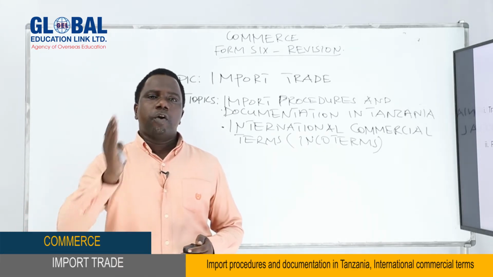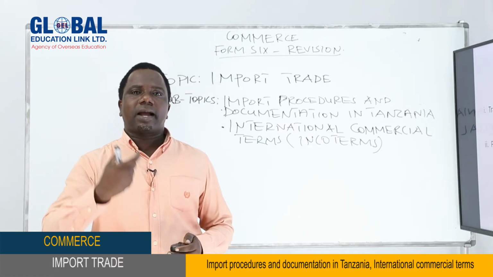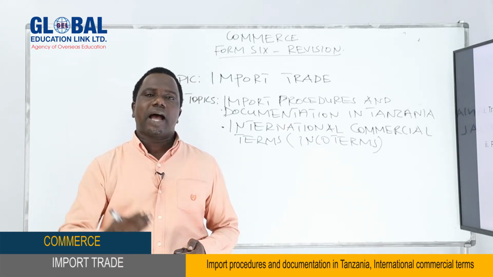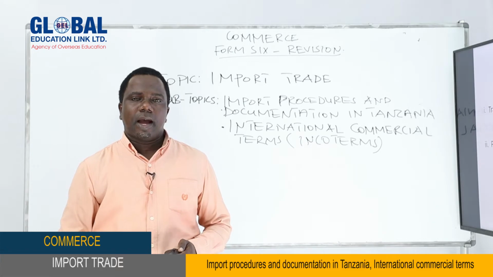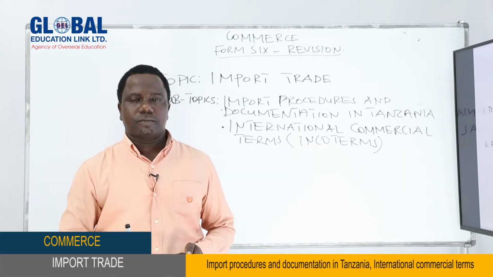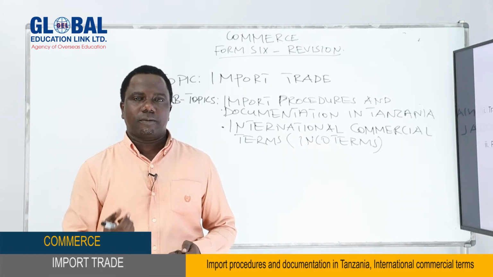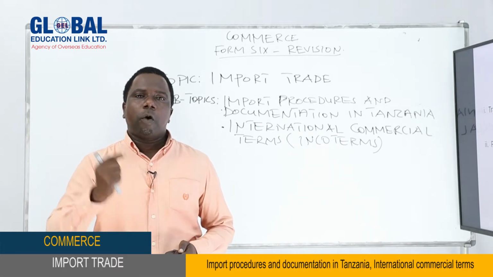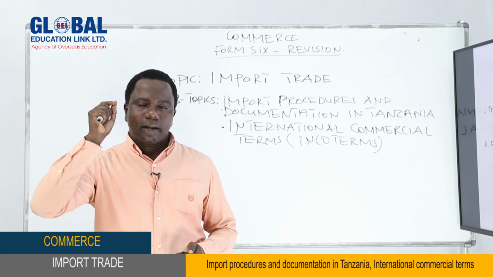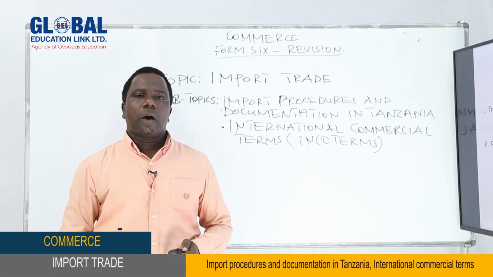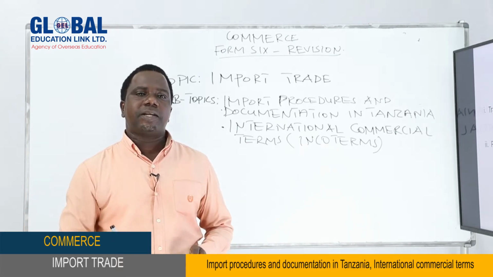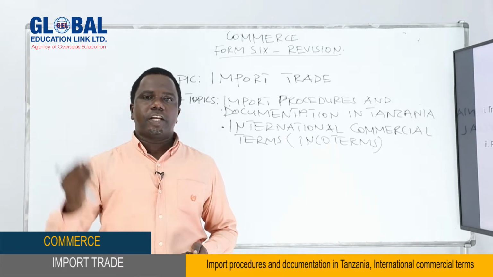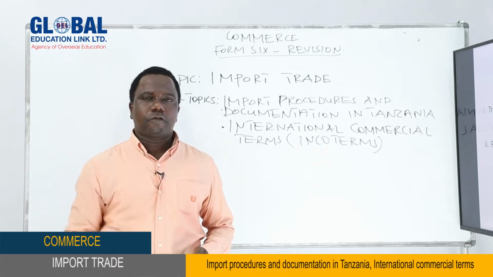An importer will not be allowed to import goods in the country without having an import license. Therefore, the government has put this condition that in order to import goods in the country, importers must get an import license. This is the way the government can control importation from other countries.